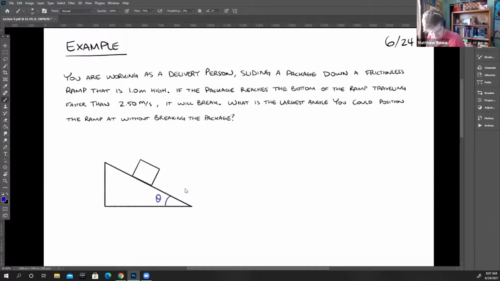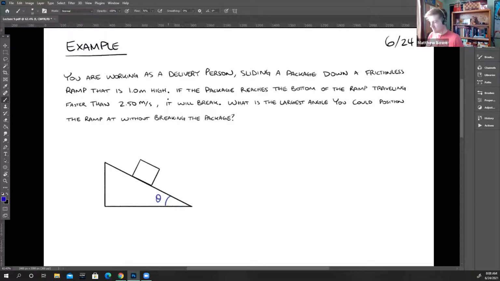So we have this example of some forces. Let me restate the question. In this example that we're doing, we are sliding a package down a ramp, and we want to tilt this ramp to a position where the package at the bottom of the ramp won't exceed 2.50 meters per second.